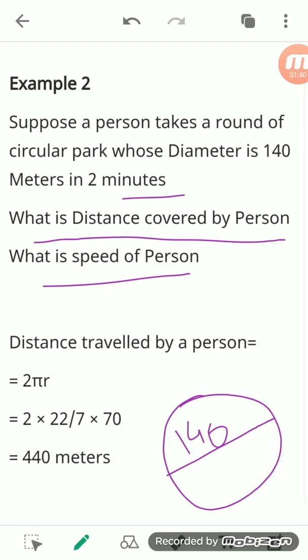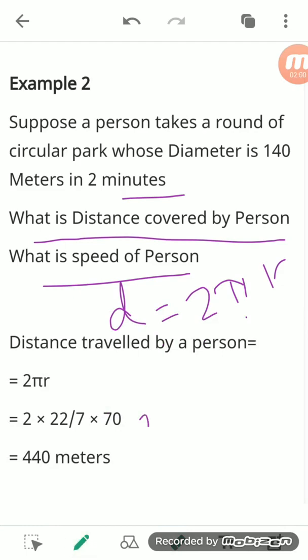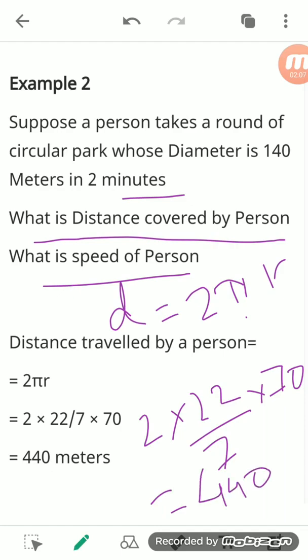As we calculated before, at first we find the distance traveled, which is 2 pi r. The diameter is 140, so the radius is half of that, 70. So 2 pi r means 2 into 22 upon 7 into 70, which equals 440 meters. So 440 meters is the distance covered by the person.